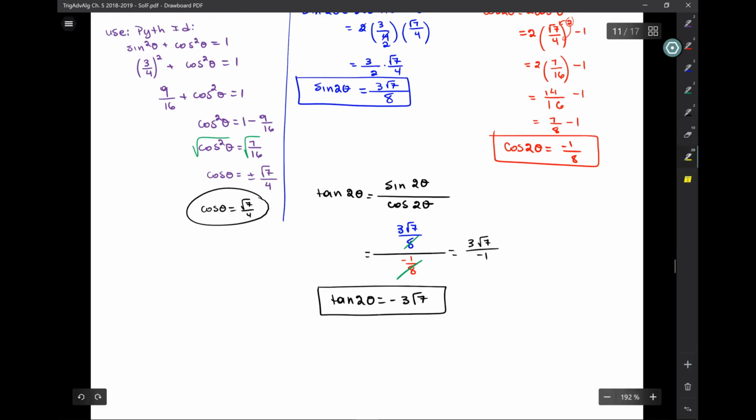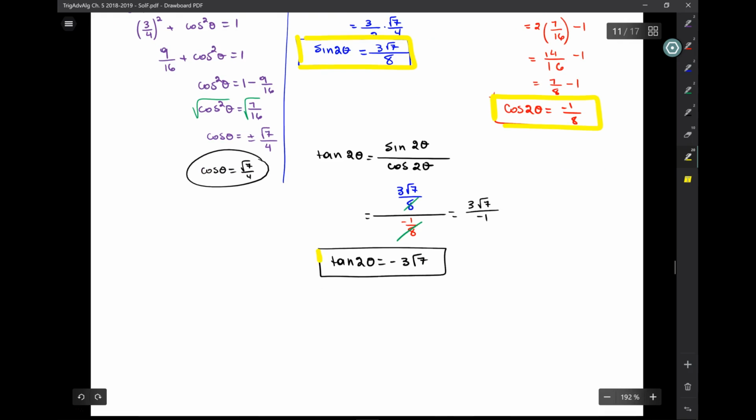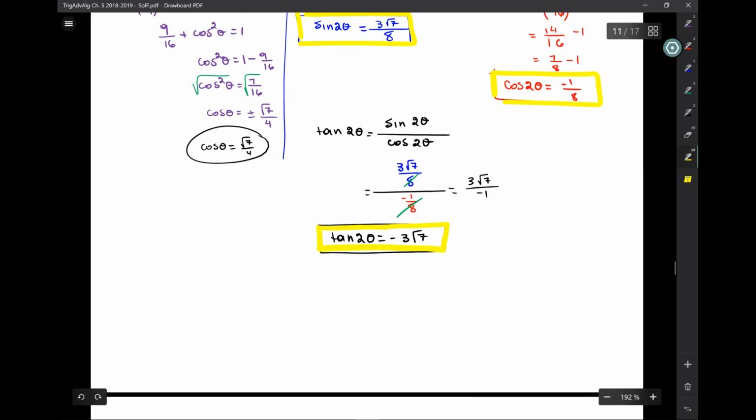Okay, so we found sine of 2 theta, cosine of 2 theta, and tangent of 2 theta. Make sense? A little? Too much? Okay.